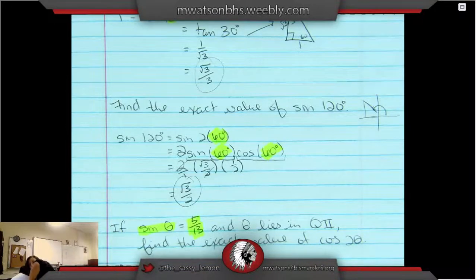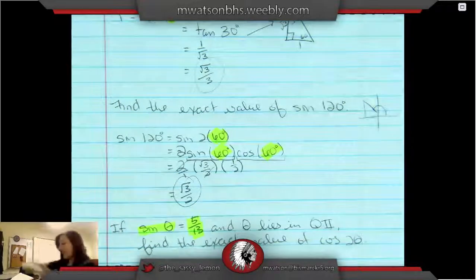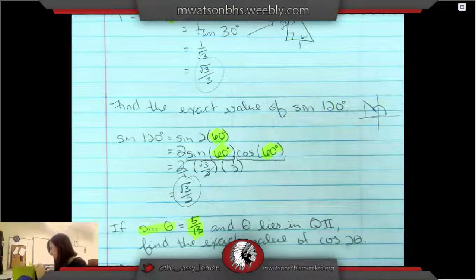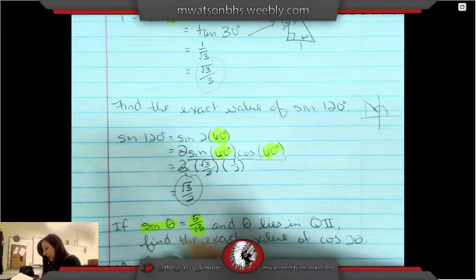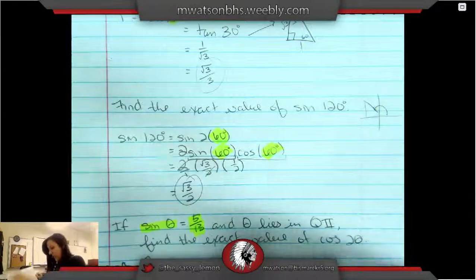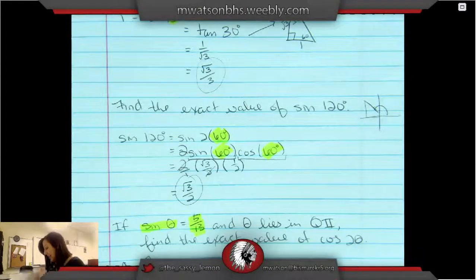So your warm-up problem is going to be, I always have trouble with this, I always forget about it. I'm going to pull it out of the book. So the warm-up problem I want you to do is on page 585.